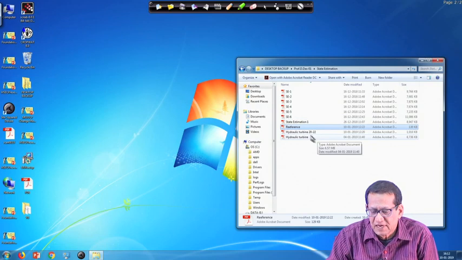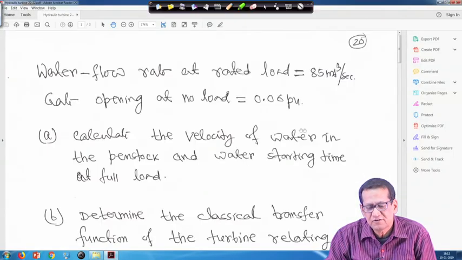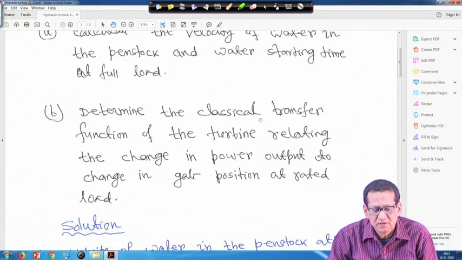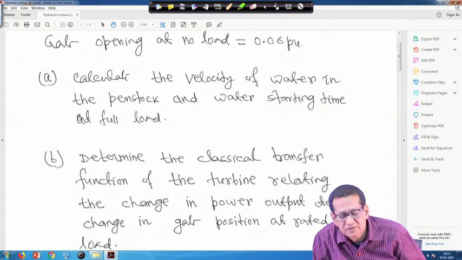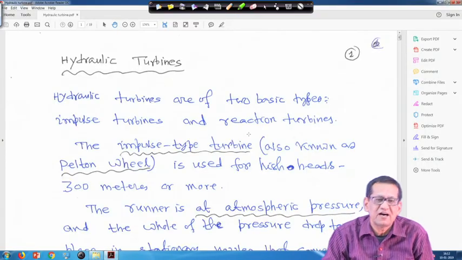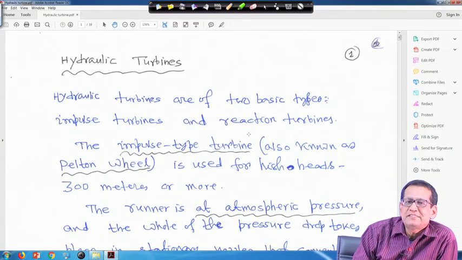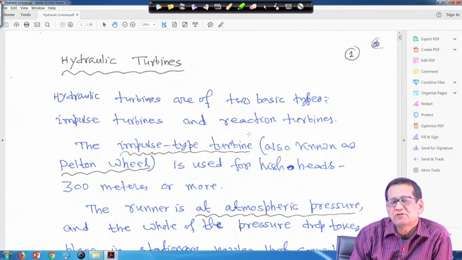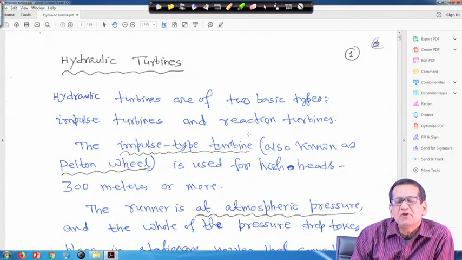Now, during AGC, in the conventional and deregulated environment that I told you about, we saw more or less detailed modeling of the governor and steam turbines.